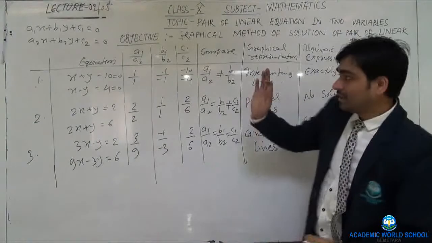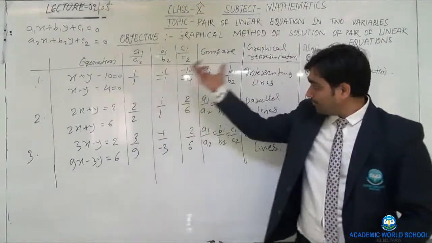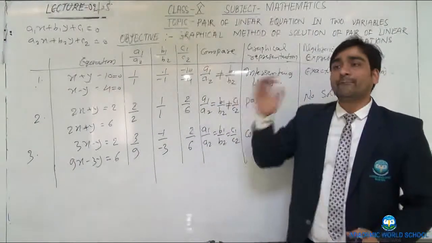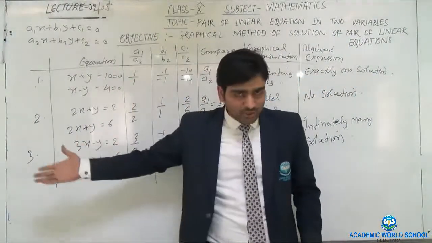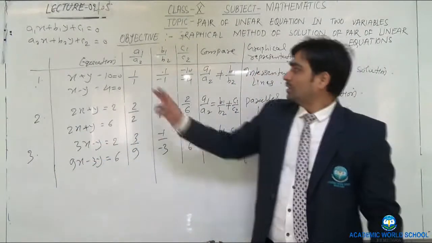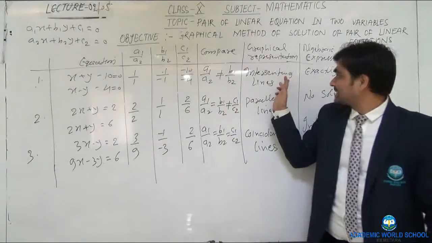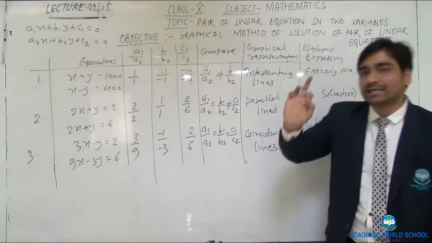Okay, so you have to remember this condition, because based on it many questions come in your exam. I will explain 2-3 examples related to it so it will be clear to you. If a1 upon a2 is not equal to b1 upon b2, lines are intersecting and there is exactly one solution.